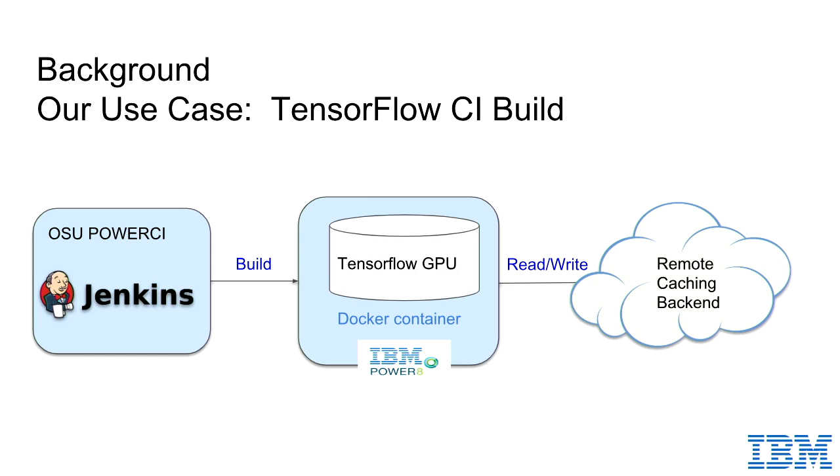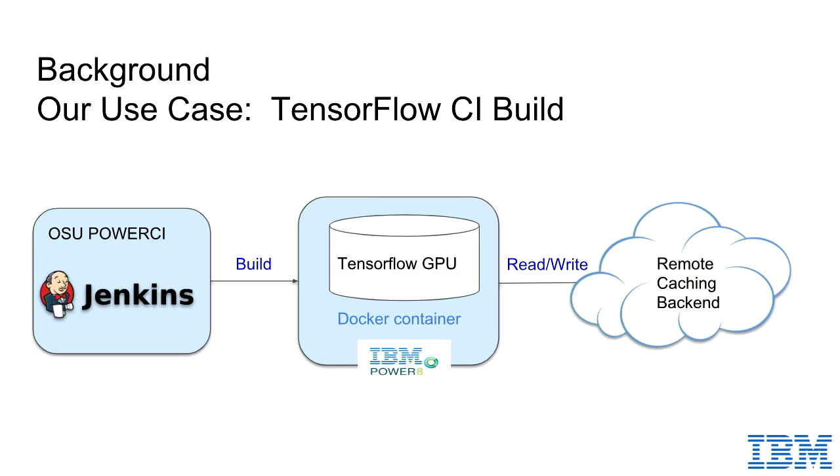Whenever there's a change, it pulls down the new code, spins up a container from an IBM Power system, and builds TensorFlow. At the same time, it's reading and writing to a remote cache we set up.